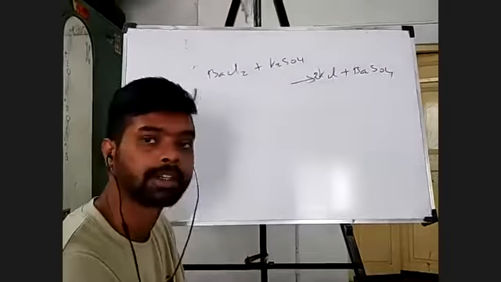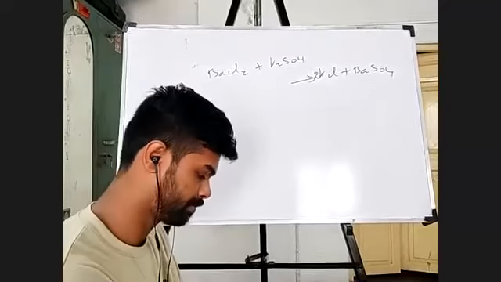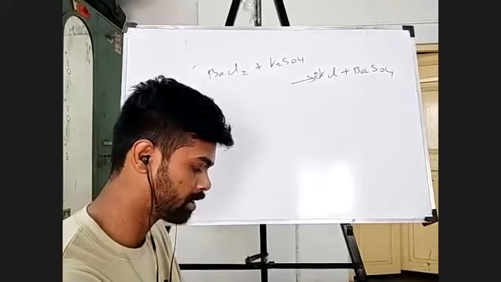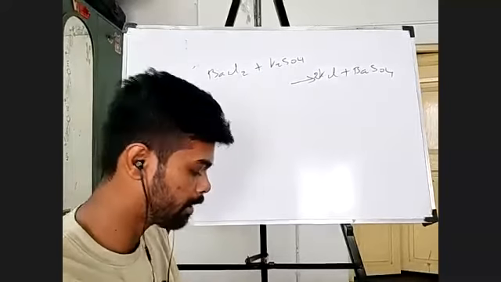For potassium, it is 39. So barium 137, potassium 39, sulfur 32, chlorine 35.5.